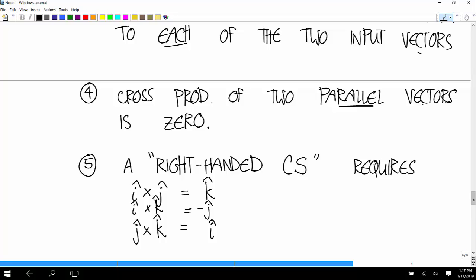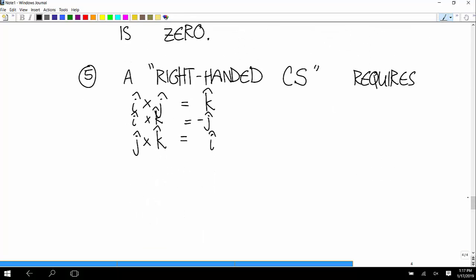And then the last thing to keep in mind about cross product is remember that with dot product, the order doesn't matter. You can switch it around, just like multiplying numbers. 6 times 4 is 4 times 6. With multiplication, we're used to this idea of commutativity. That's not true with the cross product. So order does matter with cross product.